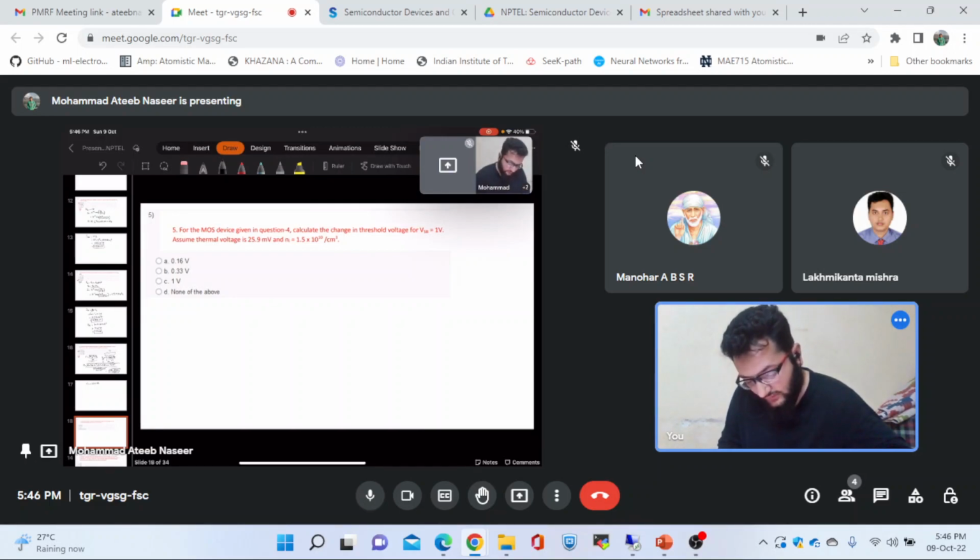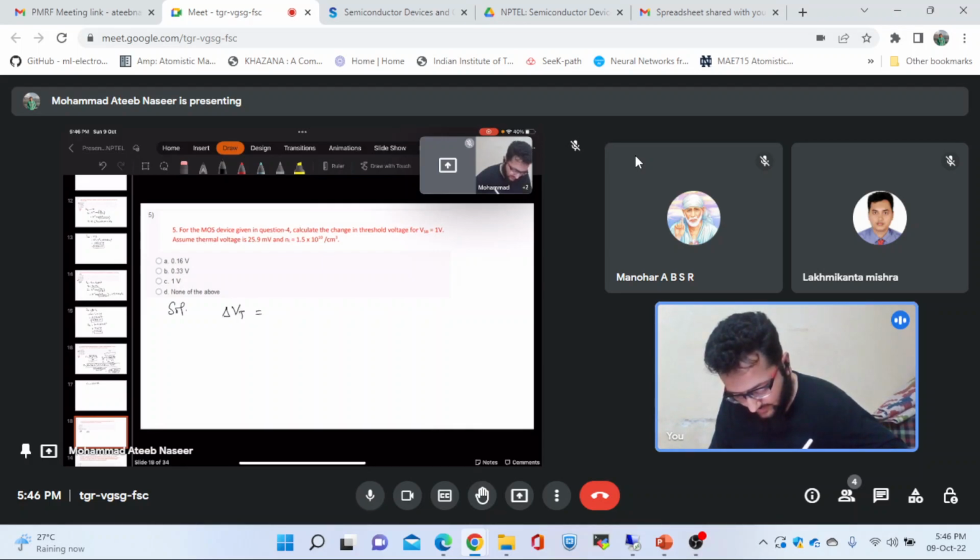We know that if there is no VSB, this delta VT will simply be given by gamma times the square root of 2 phi fp plus VSB, minus the square root of 2 phi fp, where we have assumed that the surface potential is pinned at 2 phi fp for this p-type substrate.